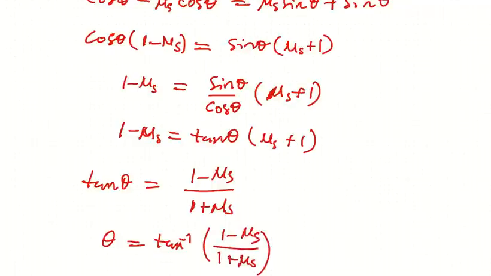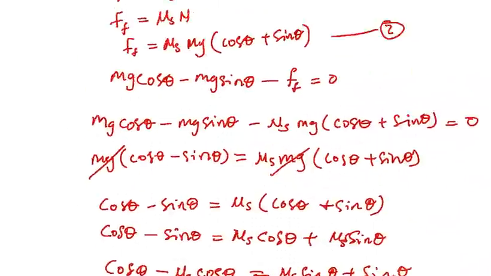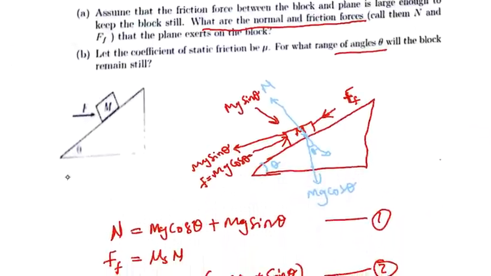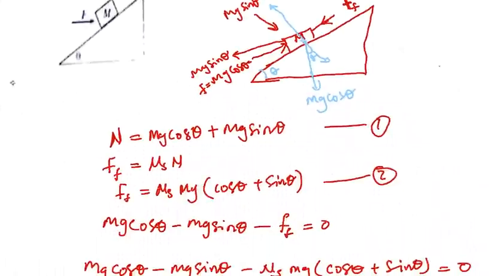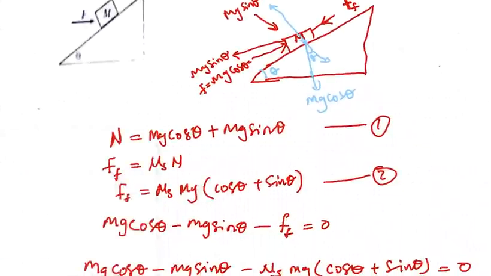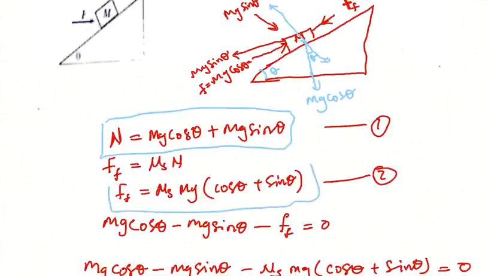In the question, we're asked to find the normal force and the frictional force, which we have gotten. This is our normal force, which is equation 1, and this is the frictional force, which is equation 2.